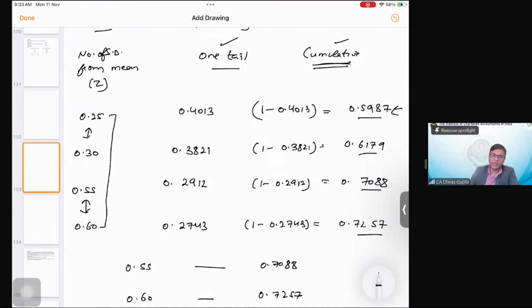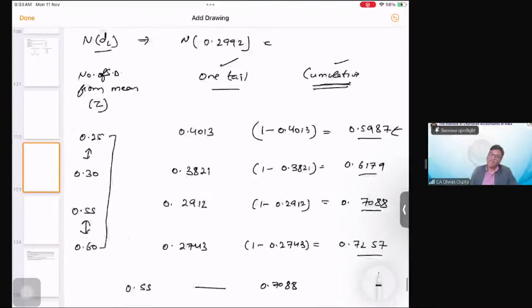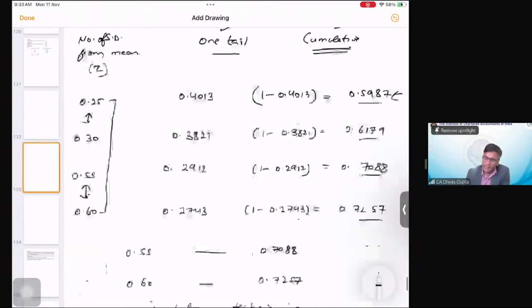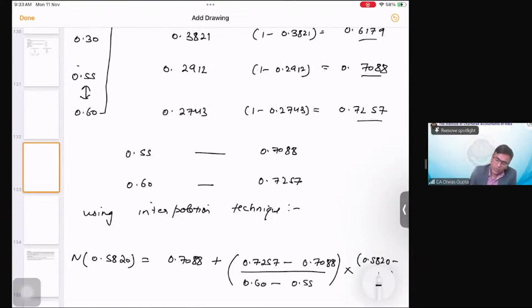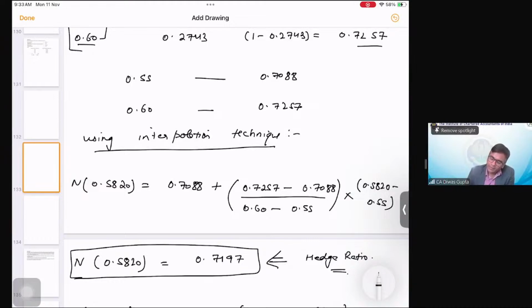Now we have the cumulative values, right? Against these cumulative values, we have to calculate the value for 0.5820. This is not specifically given, right? So we made use of the interval 0.55 and 0.60, because 0.5820 will lie in between. So we used the interpolation technique. The way it starts is that you first start with the lower value, which is 0.7088.